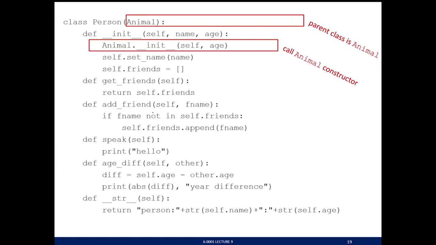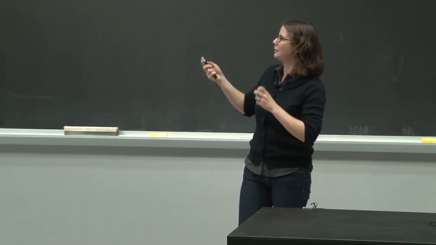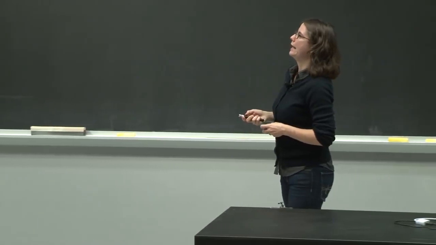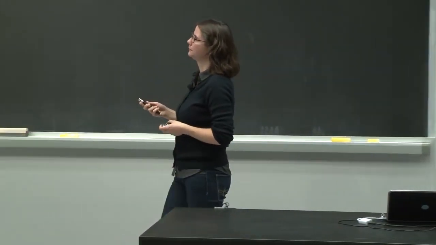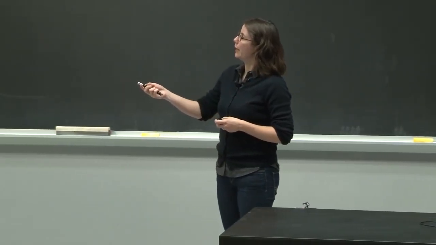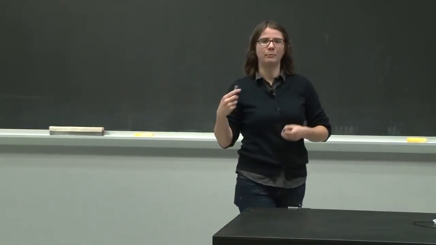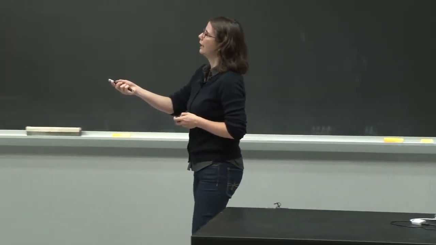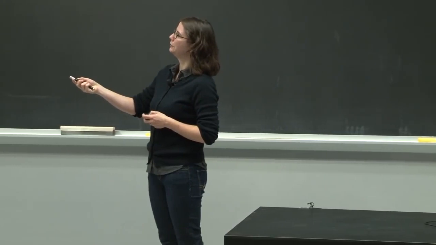Here I'm calling the class animal and its init method, and I'm leaving it up to it to figure out how to initialize an animal with this particular age and name. Python says, yep, I know how to do this, so I'll go ahead and do that for you. So now person is an animal, and the age and the name have been initialized.